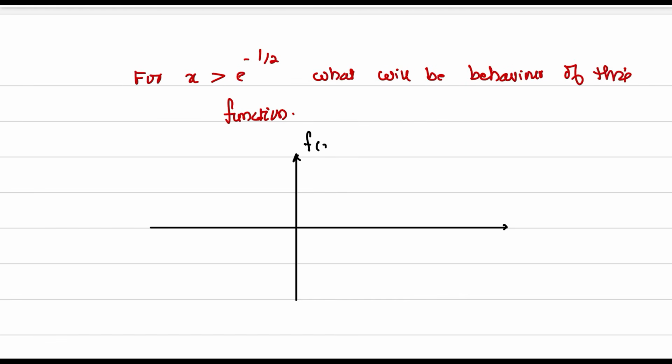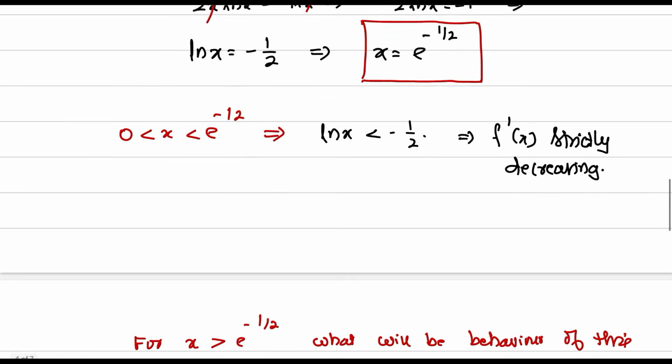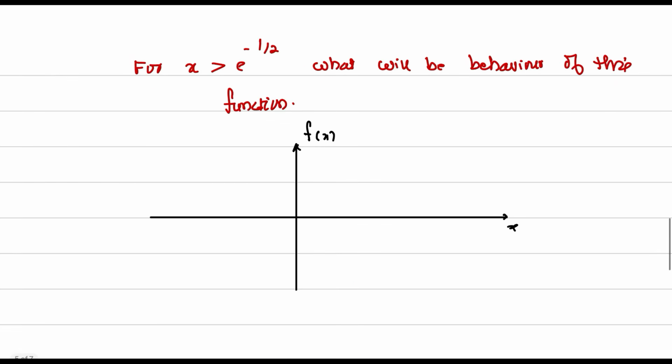This is function x, this is x. When x is equal to e to the power of minus 1 by 2, what is the value of e to the power of minus 1 by 2? 1 by square root of e. 1 by square root of e will be how much value?